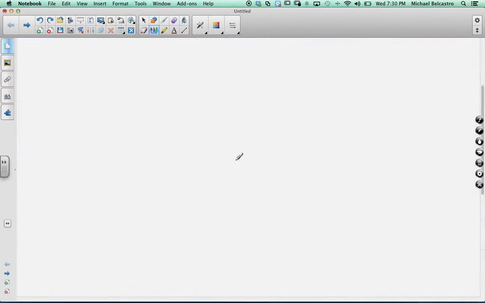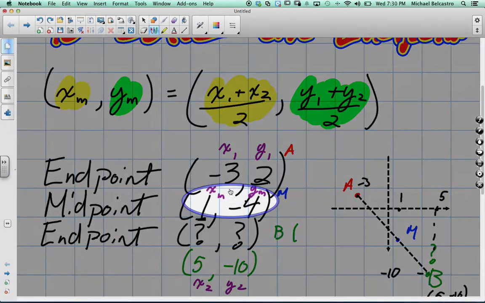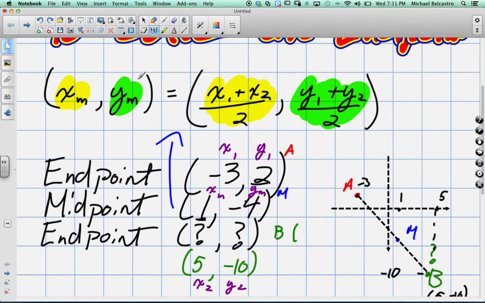So, -3 plus 5 gives me a value of 2, and 2 divided by 2 is 1. That's what my x midpoint was. And -10 plus 2 is -8, and -8 divided by 2 is -4. So that's exactly the midpoint. That's what we would check; we just plug that all back in. Does that make sense?